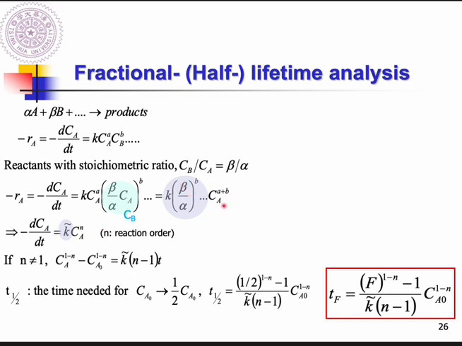The most important part, what we are interested in, is CA to the a plus b. We summarize this as the reaction order. No matter what type of reaction it is, even if it also has C, D, E, F, G, you can summarize them into the reaction order n, right? So now we have these equations.